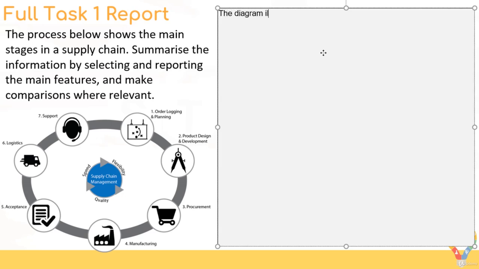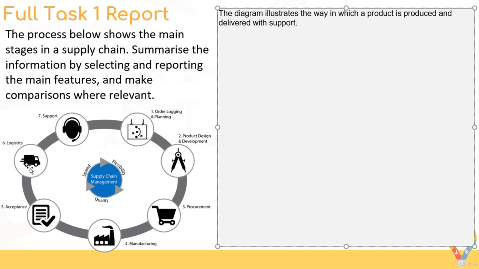The diagram illustrates the way in which, so let's have a think. A product is produced. So we are producing some kind of product, and then we sort of deliver and support. So I might add a tiny bit to the sentence I showed you. The diagram illustrates the way in which a product is produced and delivered with support.